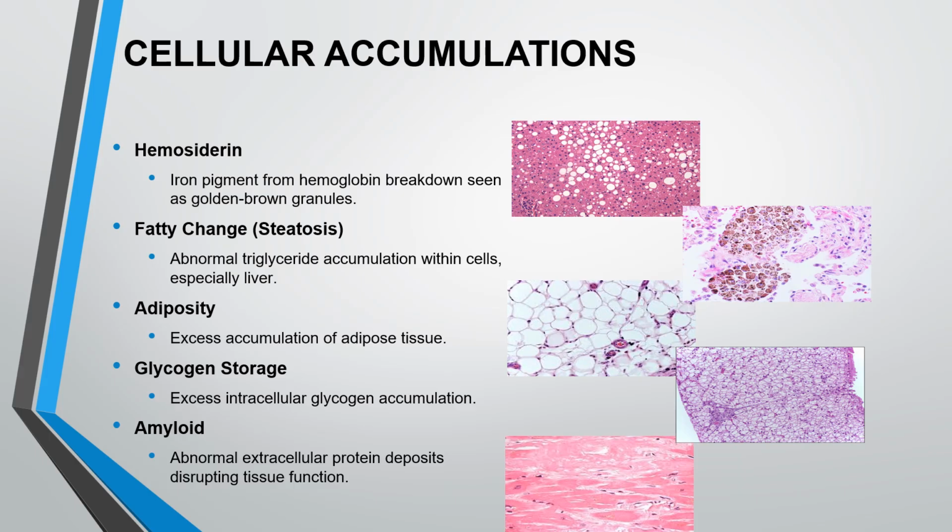And amyloid. Amyloid is an abnormal extracellular protein deposit that disrupts tissue architecture and function. Special stains like Congo red help confirm it. Big takeaway, accumulations can be reversible or irreversible, and recognizing them histologically helps explain organ dysfunction.